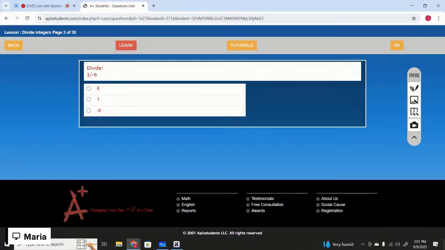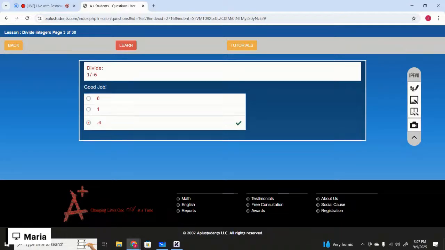Negative 6, 1 divided by negative 6. So the answer is negative 6. Option number 3 is the correct option.